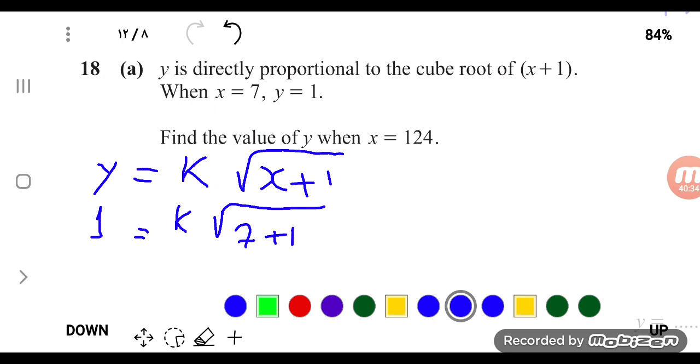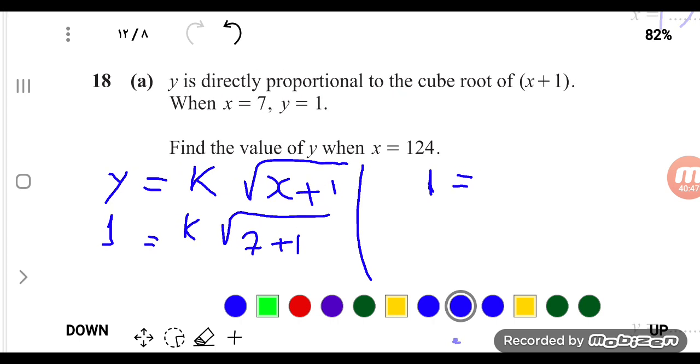Sorry, here you have to write cube root. So k times cube root of 8. Cube root of 8 is 2. So times 2. This means k is equal to half.